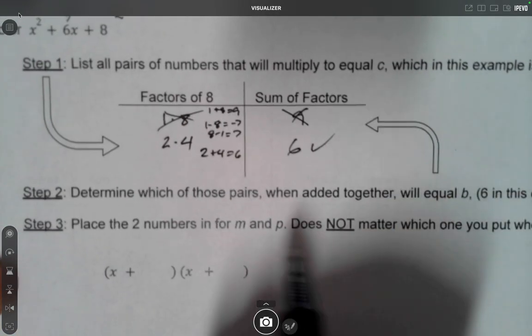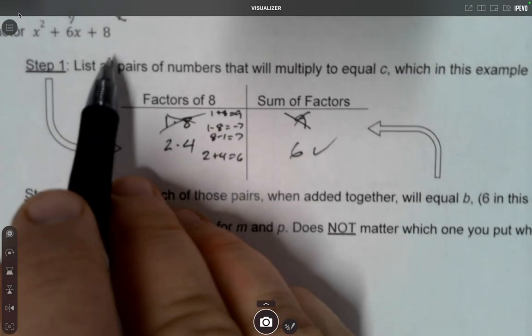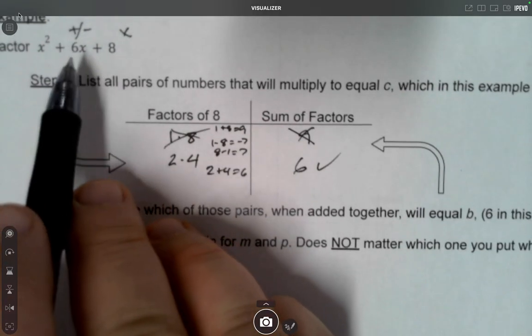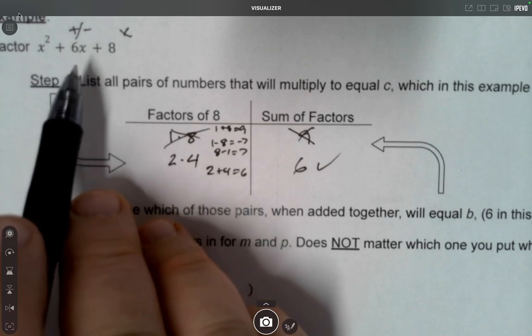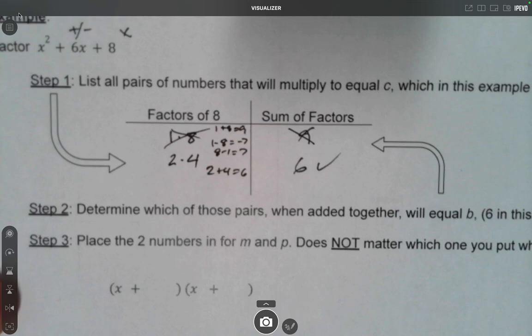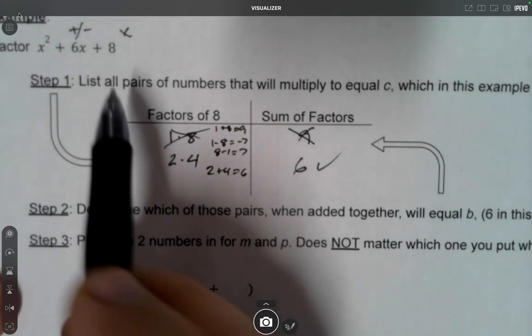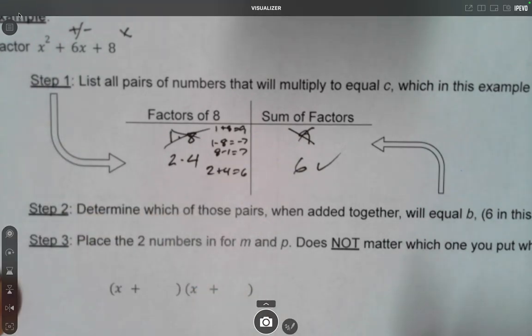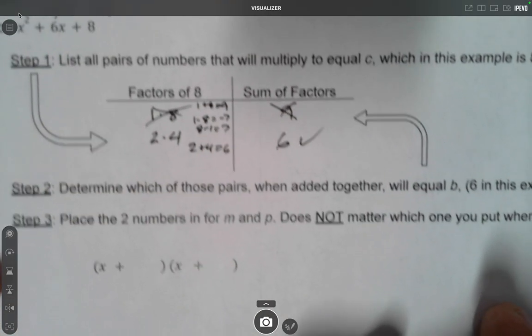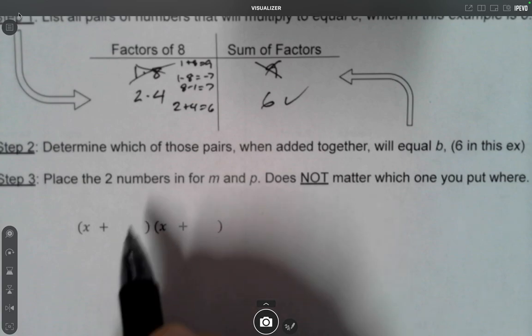Once you figure out what pair of numbers multiplies to be the last number, and in this case adds, but it could also be subtract in other factoring questions, what multiplies to be the last number and adds or subtracts to be the middle number, then the job is pretty much done. Then you place these two numbers in for m and p.